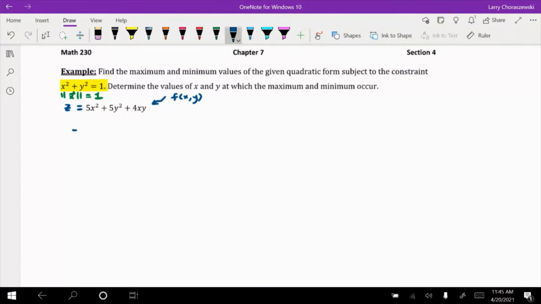And what we can do, because it's a quadratic form, is we can write it in the format x transpose Ax. And let me give you a moment to do that. We'll go over it, and then we'll proceed to the next step.